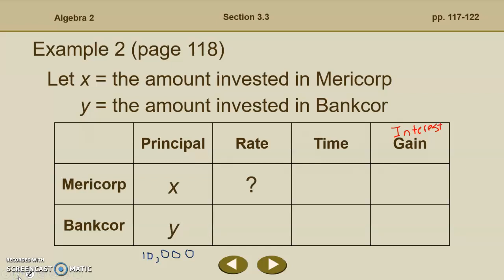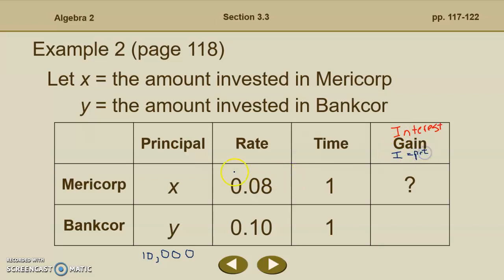We know the interest rates. AmeriCorps was 8%, represented as a decimal, 0.08, and Bancorp was 10%, represented as a decimal, 0.10. We know the time for both of these is 1. And in order to determine the gain, or the total interest in each, if you remember, I equals PRT.